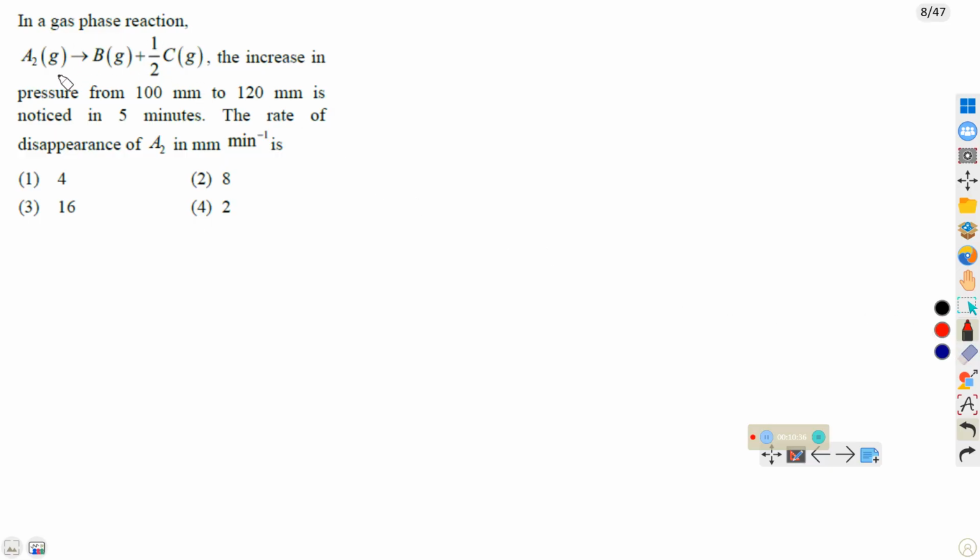In a gas phase reaction, A2 gives rise to B plus half C. The increase in pressure from 100 mm to 120 mm is noticed in 5 minutes. The rate of disappearance of A2 is?